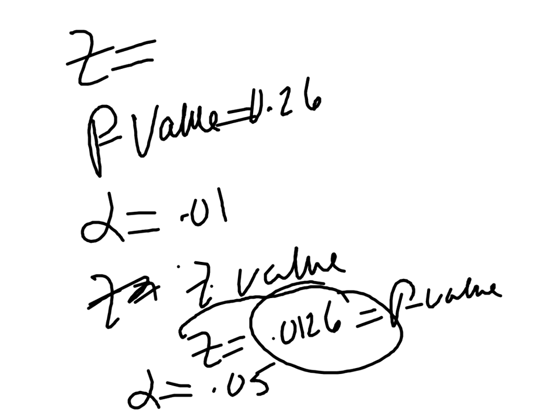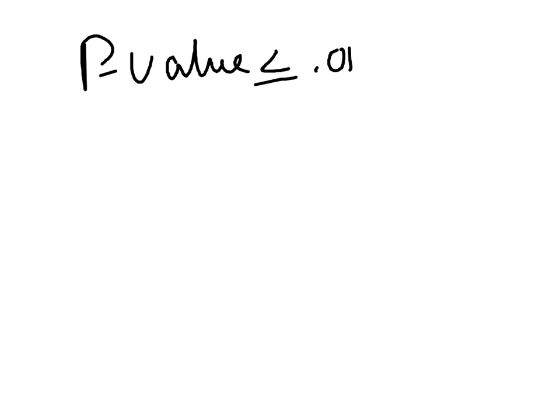Finally, I'm just going to read this, but they give us some guidelines with regard to our p-values, and there are three of them. The first one is, if our p-value is less than or equal to 0.01, they tell us to reject the null hypothesis, and the difference is highly significant.